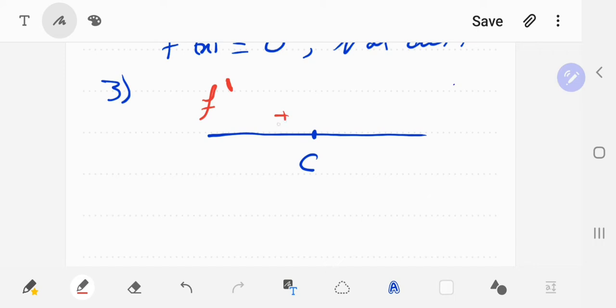If it gives us a positive value, then the function will be increasing till this point. If it gives us a negative value, then the function will be decreasing after that point. And from the sketch, we can figure out that here we will be having a maximum value. In case it was down, then we will be having a minimum value.